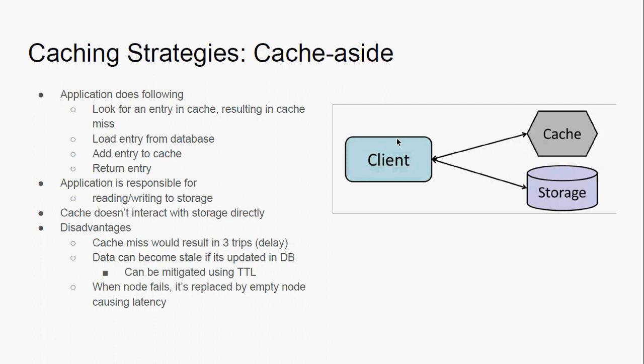There is another issue. If you put something in cache, and when you look into that you simply return it, and in the background your application has updated some data in storage, your cache might still not have it. So that's one drawback.